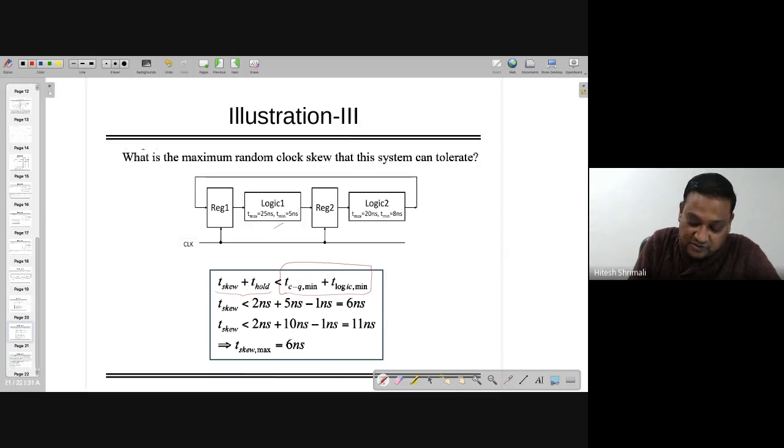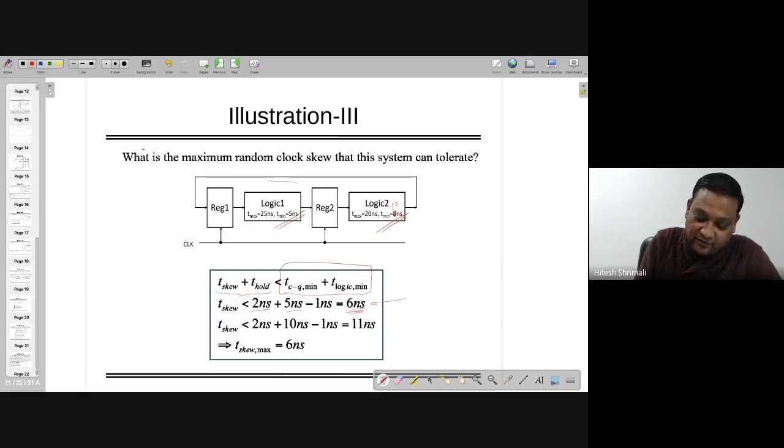Now you have to consider this 5 nanosecond, and as I told you, this has to be 10 nanosecond. So 10 nanosecond has to be taken into account. If you keep these two numbers, you will see that TCQ minimum is 2 nanosecond. For the first stage, logic min is 5 nanosecond, and hold time is 1 nanosecond. That's going to give you 6 nanosecond.